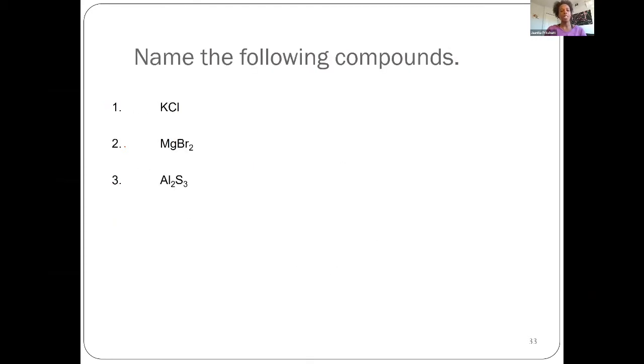So let's try this. So we have KCl. Again, we have a metal. We have a group 1 metal, so that means it's fixed. And so we would name the cation, which is potassium, and the anion, which is chlorine, but add the IDE ending, so that becomes chloride. For MgBr2, again, we have a metal, so it's ionic.